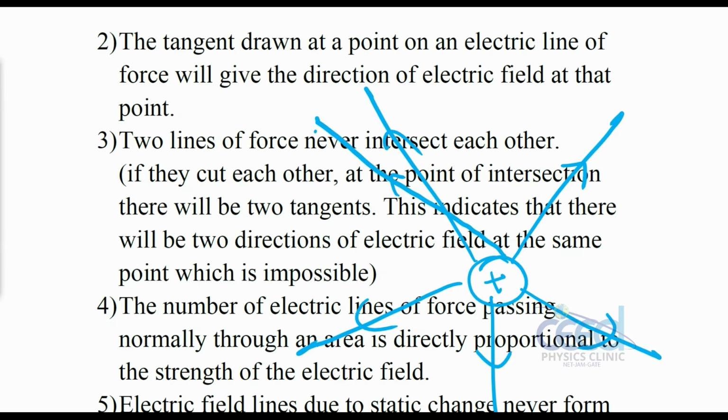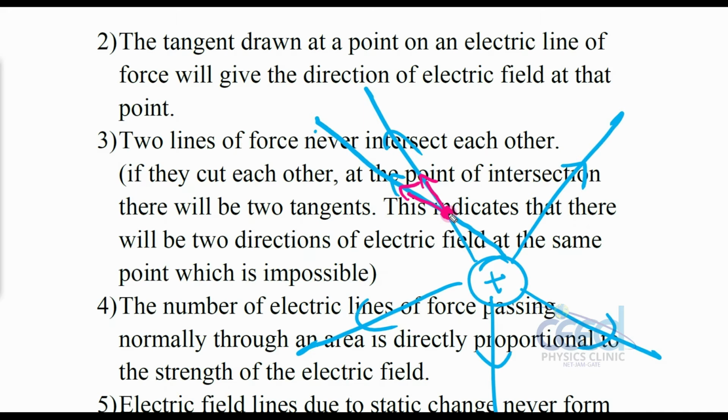Because at the point of intersection, one can choose the electric field direction to be this or this. So the electric field would have two directions at this point of intersection. That is not possible because for a particular charge the field is directed in one direction. That is why two field lines never intersect.